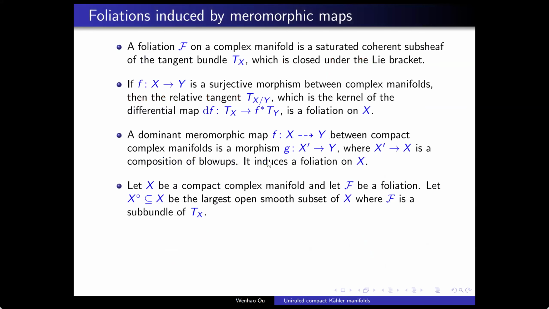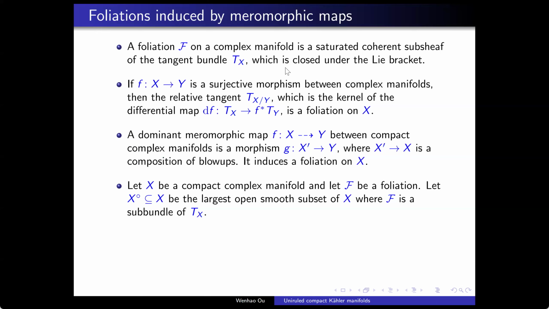Okay, so let us briefly recall the notion of foliation. A foliation F on a complex manifold X is defined as a saturated coherent subsheaf of the tangent bundle. Saturated means that the quotient T_X by F is torsion-free.